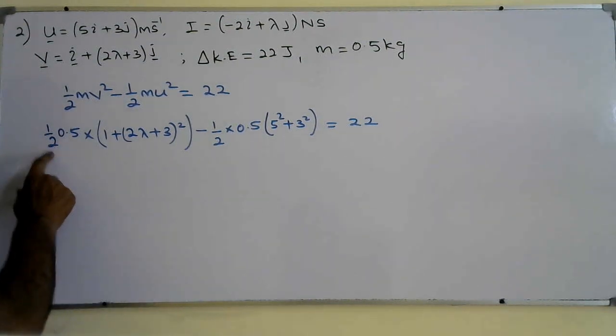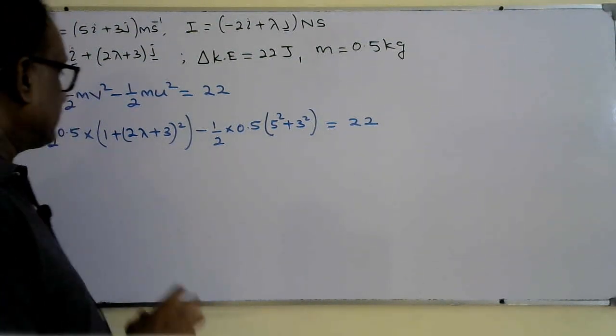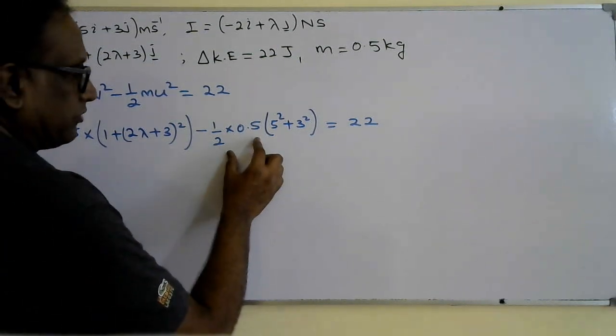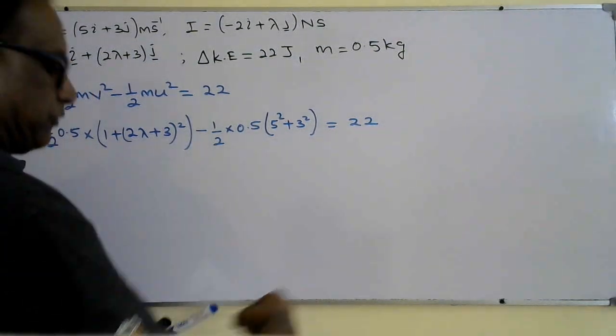0.5 means half, so there will be 1/4 here, and here also 1/4. We multiply the whole equation by 4.